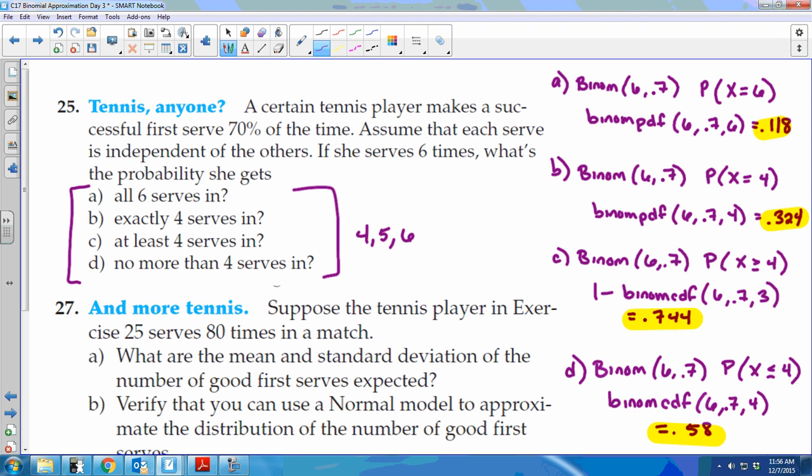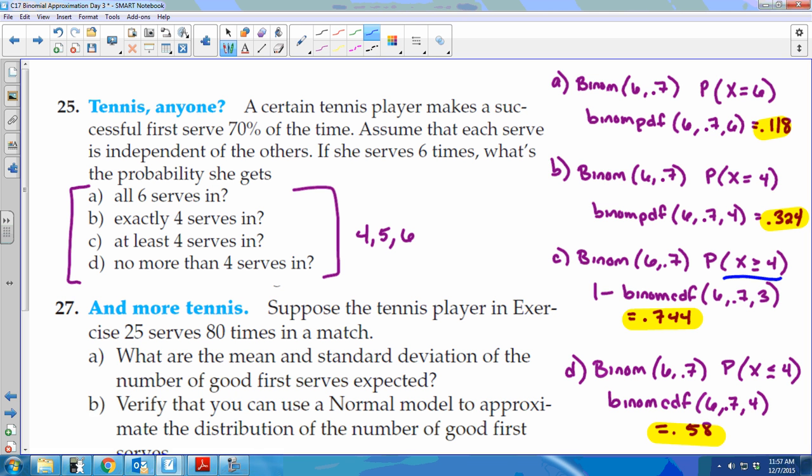If I use CDF, it's going to start going 0, and then 1, and then 2, and then 3, etc. Because it says at least 4 serves in, I want to know the probability that x is greater than or equal to 4. So I'll need to do 1 minus binomial CDF all the way up to 3. That makes sense. So I'll add together 0, 1, 2, and 3 and subtract that out. So you get 0.744. Questions about that?